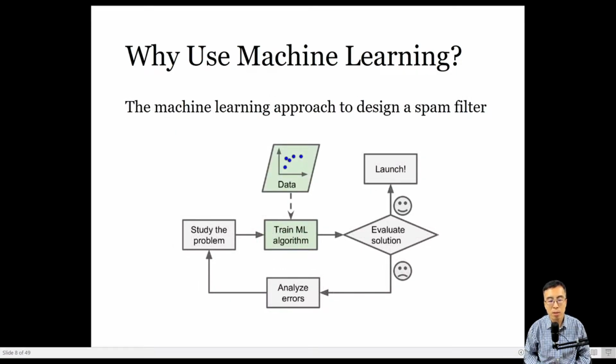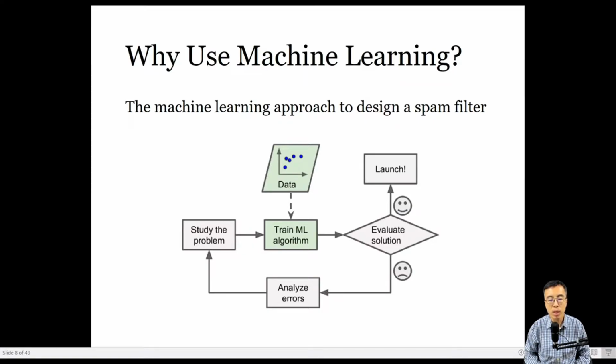Whereas in the machine learning approach, we can design a spam filter by feeding your emails as well as their corresponding labels, meaning whether this email is a spam email or a regular email, into a machine learning algorithm.